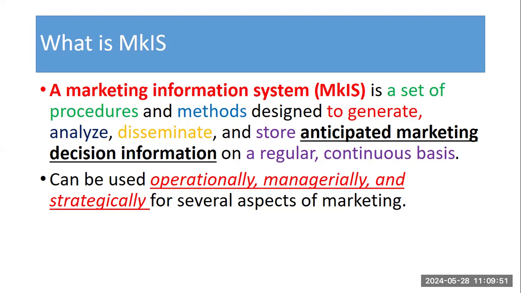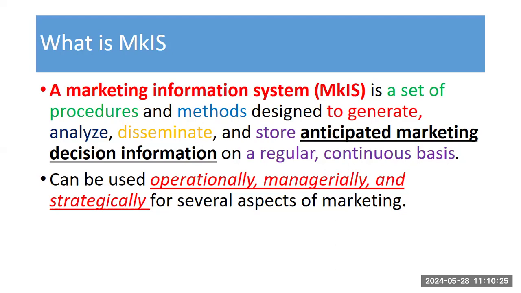They generate information, they analyze the data, and disseminate that information. Disseminate means they are giving this information to the relevant parties in the organization, especially in the marketing department, to make marketing decisions. That's why they are disseminating, spreading the information to the relevant parties.